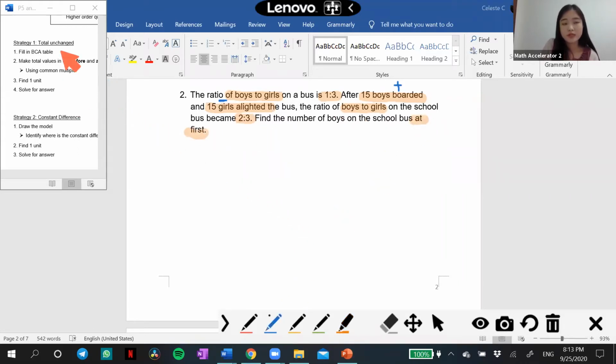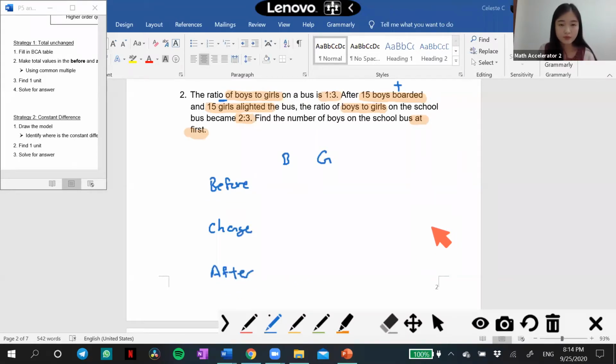Fill in the BCA table. You have boys and girls, before, change, after. Fill it in.